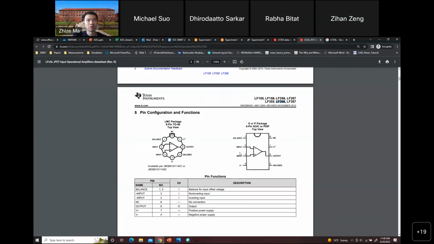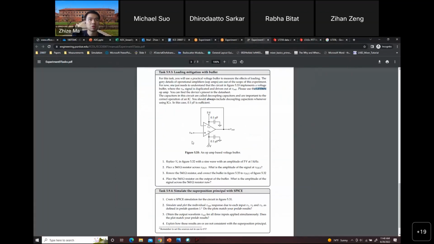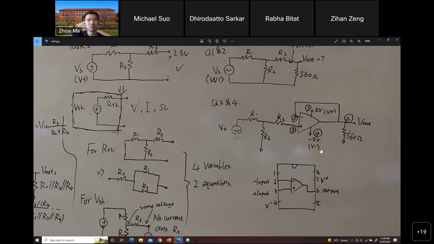So that's how you check your pins. The datasheet tells you the function of each pin. I'm not going to introduce the functions here, but I will show you how to do the connection. What you need to do is transfer this circuit schematic, or probably better this one, this circuit schematic.